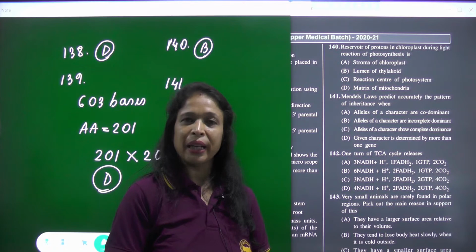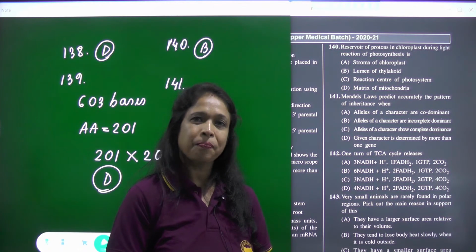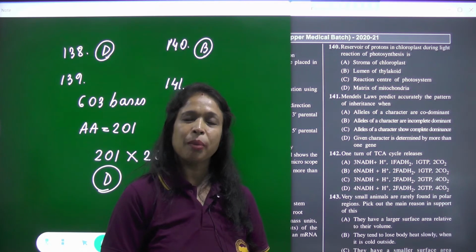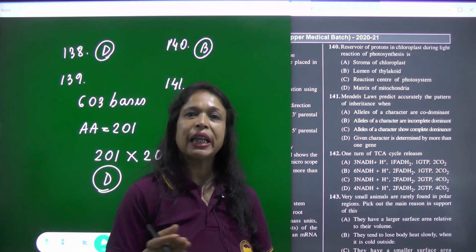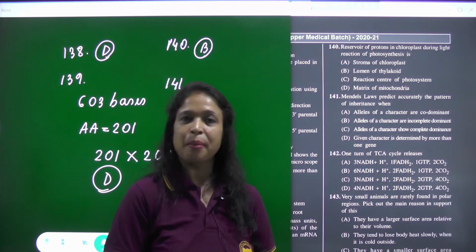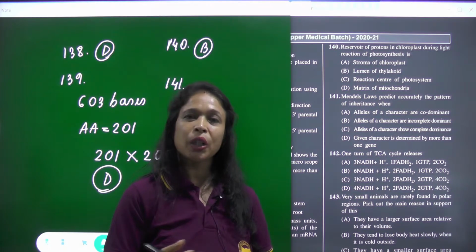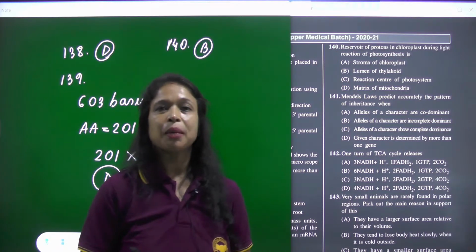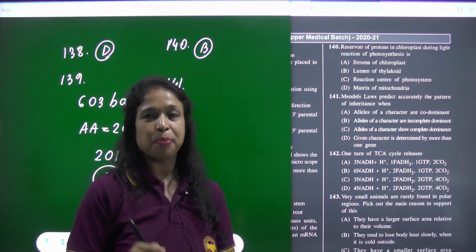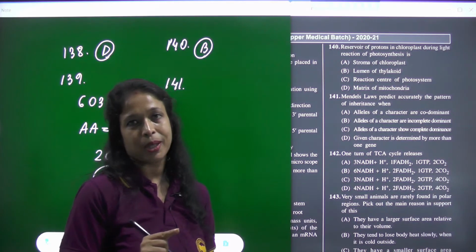Because in the law of dominance, there are so many exceptions like incomplete dominance, co-dominance, multiple allelism. Even in the law of independent assortment, some exceptions are there. They are not universal, like linkage, right? But the most accepted, universally valid law is segregation.